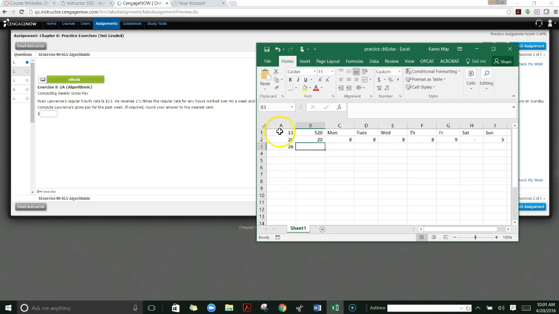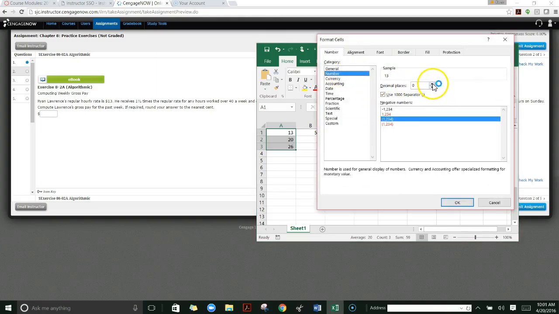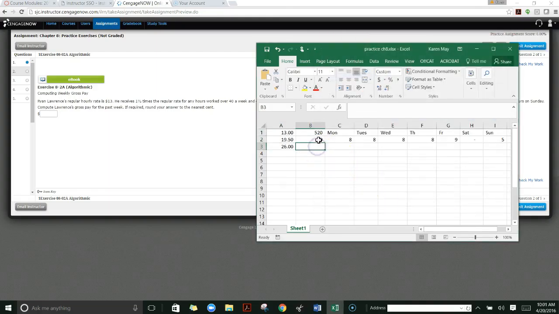and he worked, let me make sure these are all formatted accurately. Here we go. So he actually made 19.50 here, and then equals the 26 times 5 hours. So his total pay should have been equals those three, 520, 19.50, and 130, except this one.